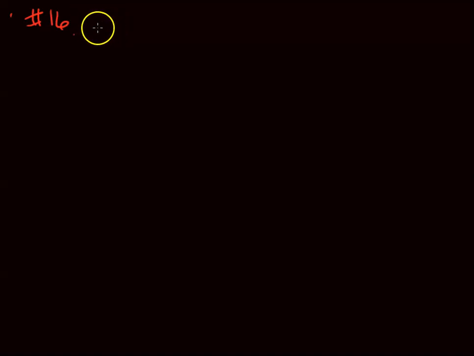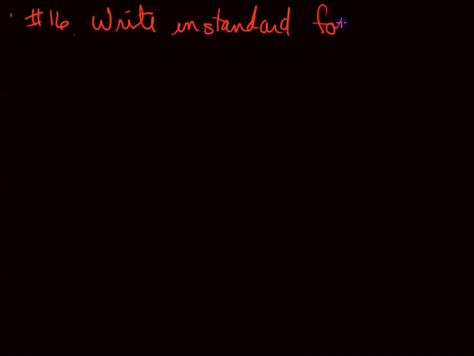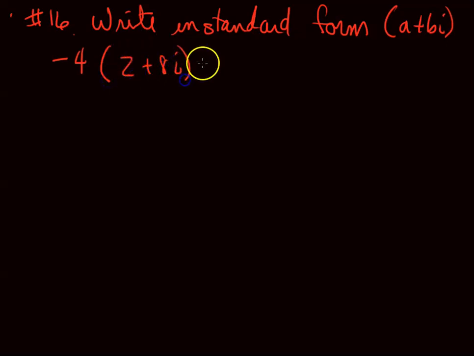Write in standard form. Oh, we never talked about that. Standard form for complex numbers is a plus bi form. So if you're given something sort of simple, negative 4 times the complex number 2 plus 8i, they just want you to multiply things out.